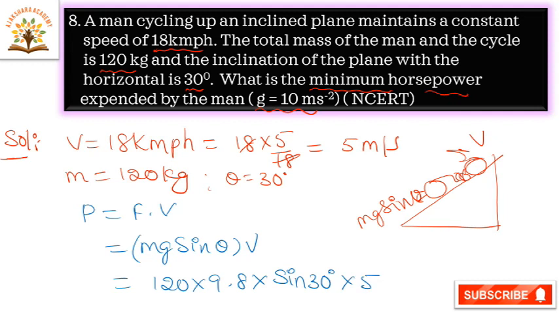Now next, 120 into 9.8 into sine 30, nothing but 1 by 2, into 5. 2 ones are 2, 4.9.